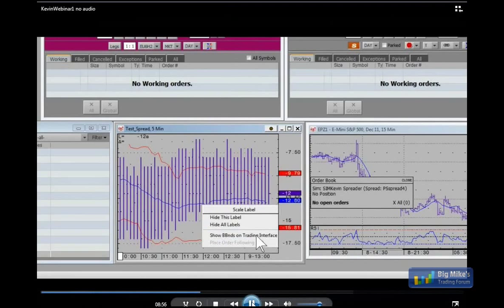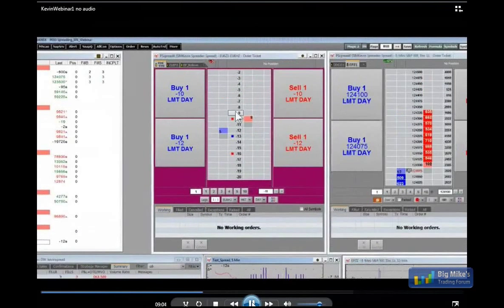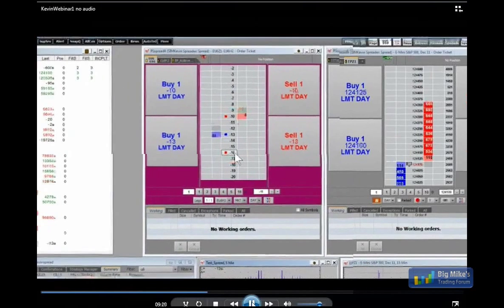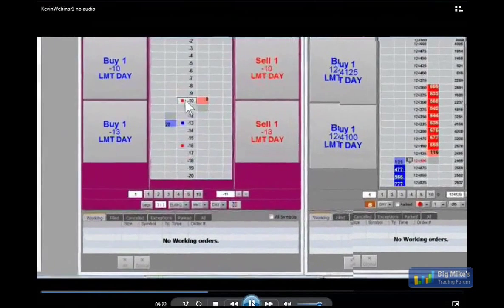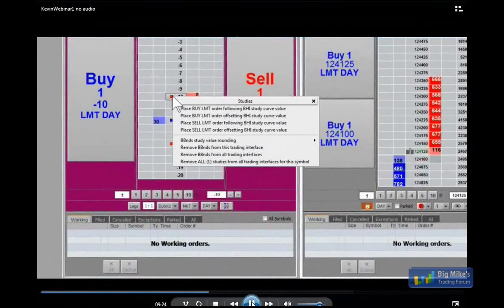Next thing I'm doing here is taking these levels and choosing to show those values, the lower level, the mid, and the upper level of this Bollinger Band study, on the trading interface. So we can see now that lower, mid, and upper level coming into the trading interface, and of course these studies are going to update dynamically, and as the market data changes throughout the trading session, so will the study levels on the trading interface.